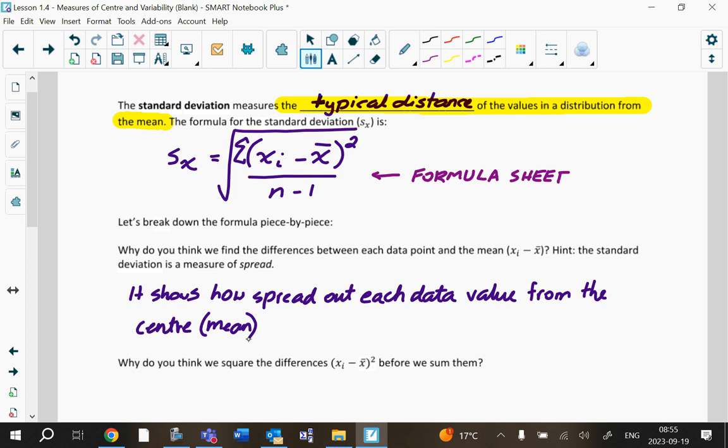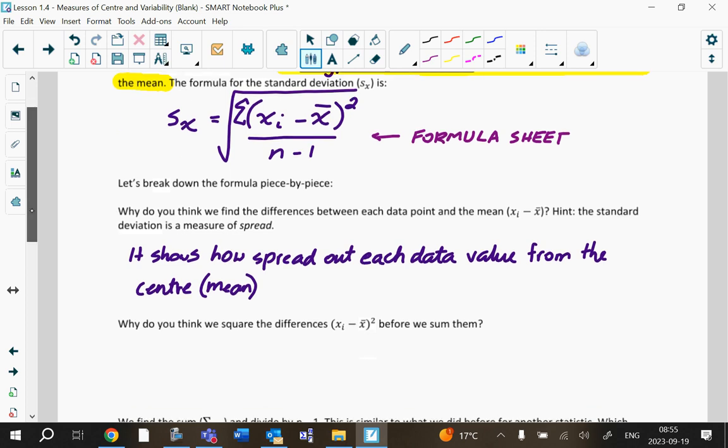But if I find all those, like let's say in those 12 numbers, the 12 salaries, I know that the average, the mean, is 50,100. So if I take each of the data values in the table and subtract 50,100, some of them are going to be positive values, some of them are going to be negative.